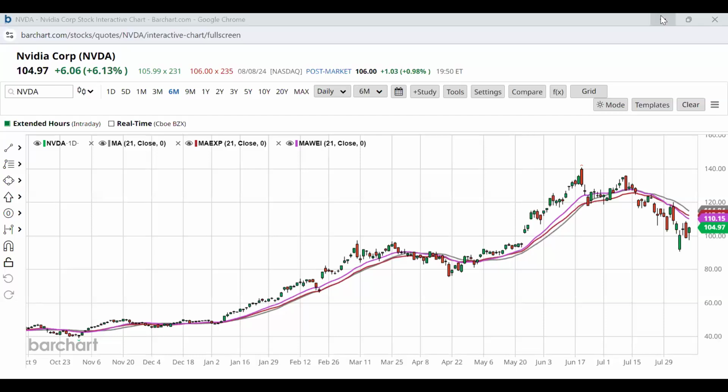This makes the exponential moving average more responsive to recent price changes. Finally, the weighted moving average is similar to the exponential moving average, but with a different calculation method. It also places more emphasis on recent data.